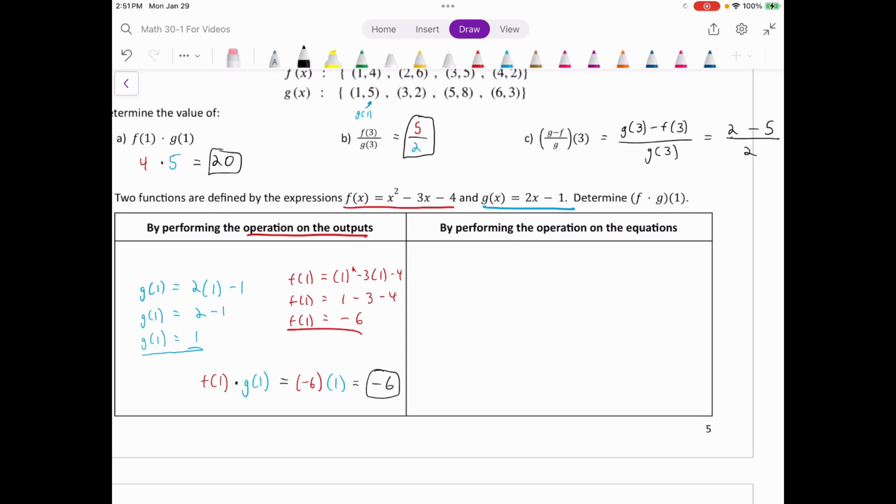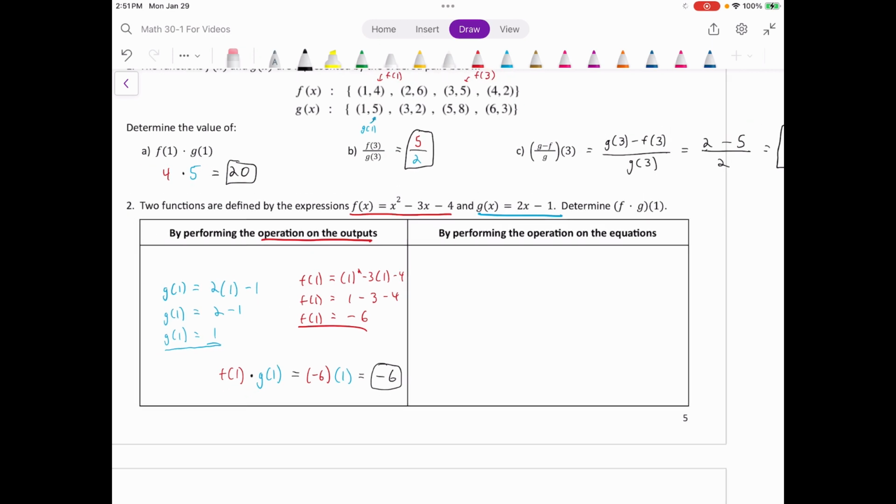Now, again, especially for something like this, it's going to seem like a lot more work, right? But if I just want to know f times g of 1, I would do this. I would figure out f of 1, g of 1, and then multiply those outputs together. But if we wanted to know a general equation for the result of multiplying these two together for any x and not just a specific value of x, then this is the way to go.